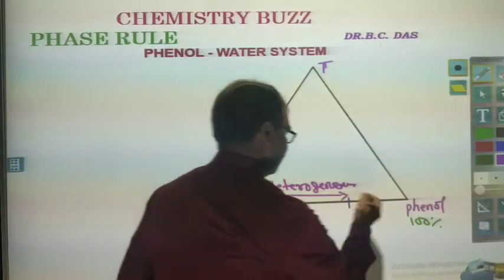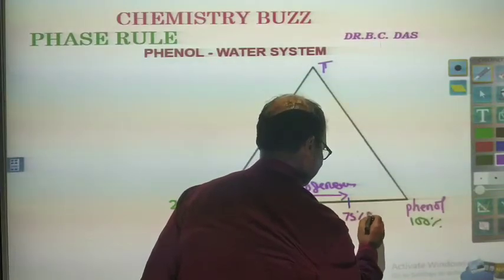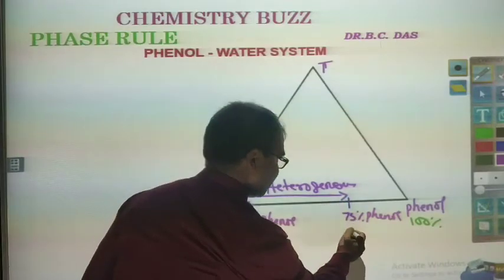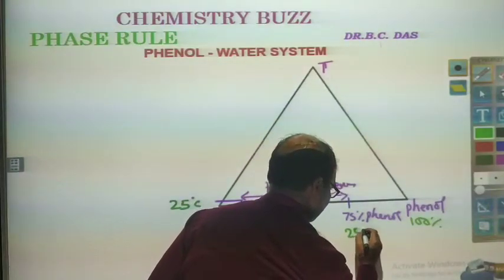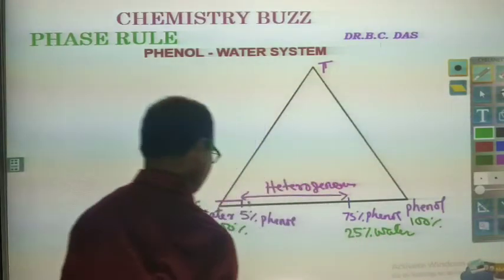Okay. So this is 75% phenol. That means 25% water. So this composition corresponds to 25% water. Okay.